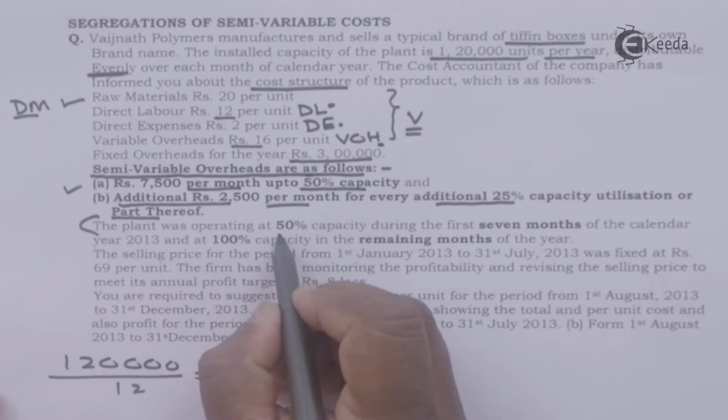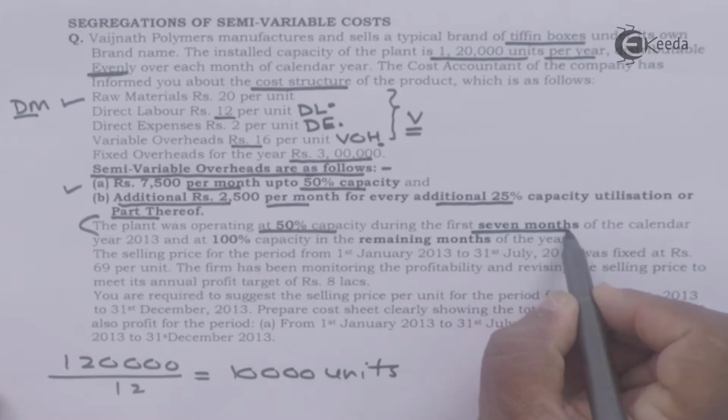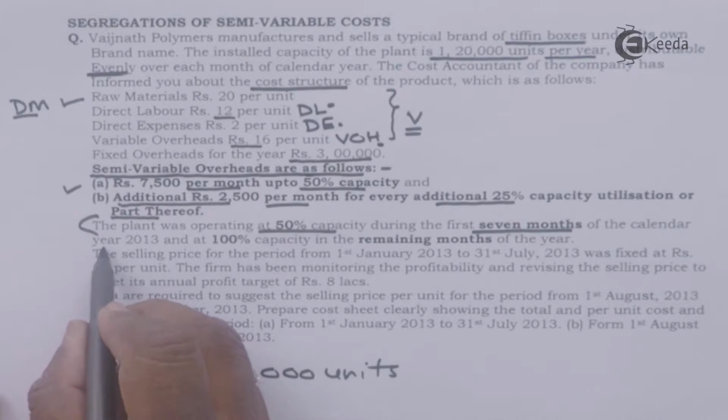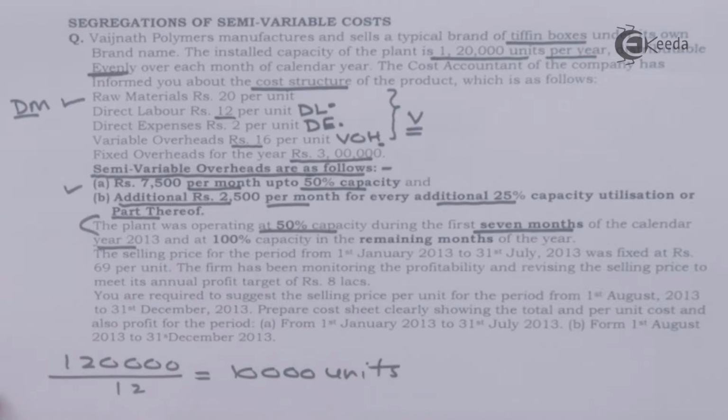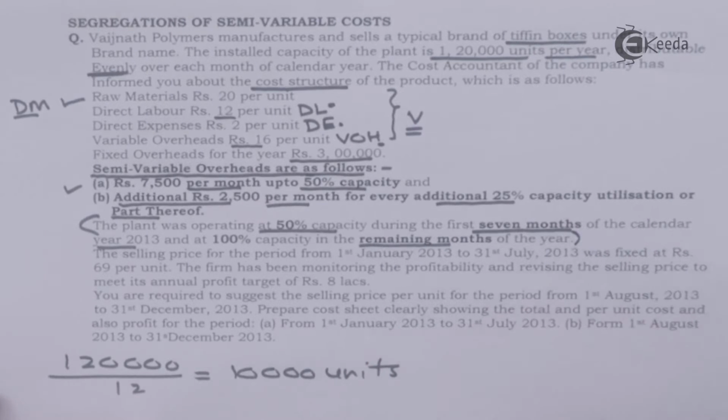The plant was operating at 50% capacity during the first 7 months of the calendar year 2013 and at 100% capacity in the remaining months of the year.